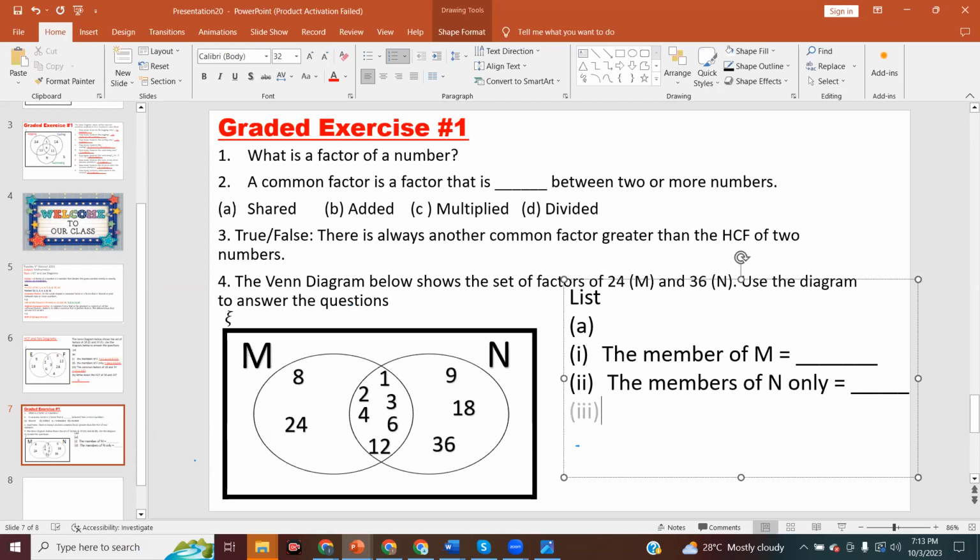And then for this one, I want you to list the common factors of 24 and 36.